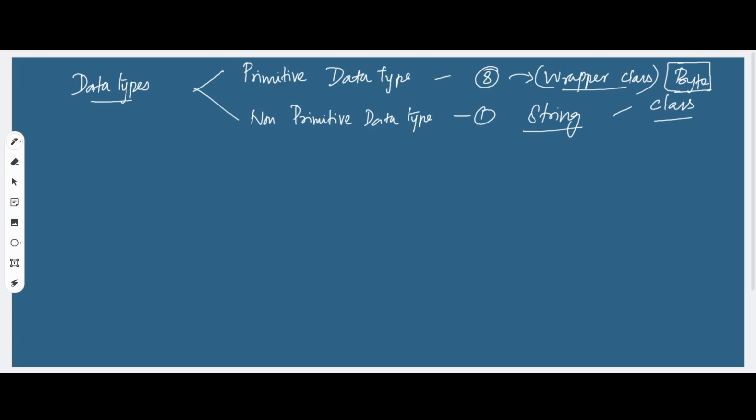In the previous video we discussed whole numbers, right? To hold a whole number we have 4 different data types. One is byte, another one is short, another one is integer, another one is long. Based on the value range, each and every data type has its own memory.